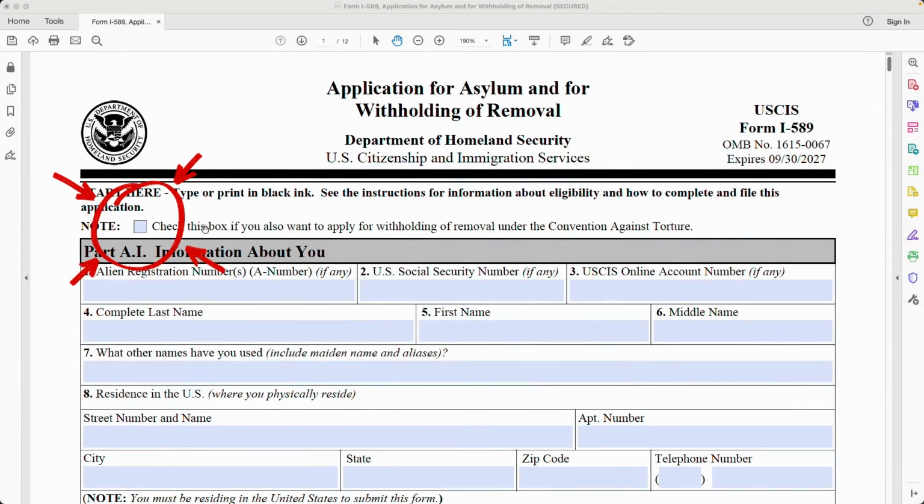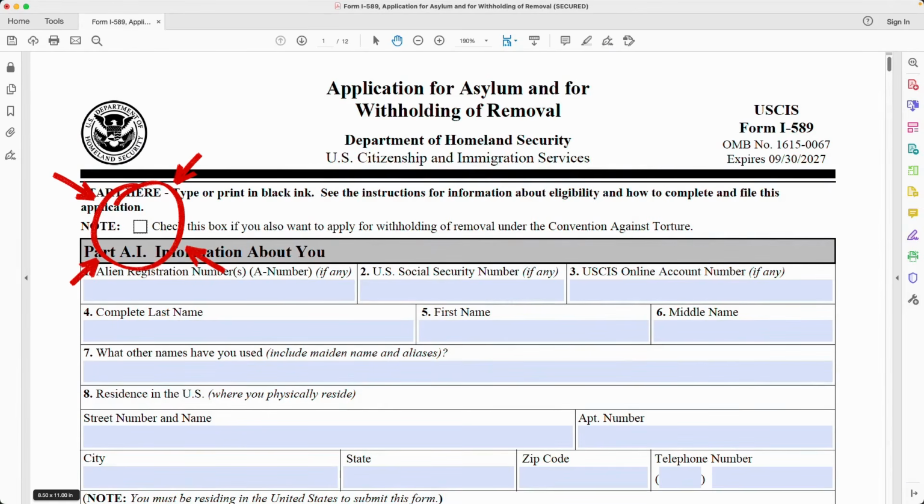This note at the top of the page asks you to check the box if you want to apply for withholding of removal under the Convention Against Torture. If you check that box, then Form I-589 functions as both an application for asylum and also as an application for protection under the Convention Against Torture.